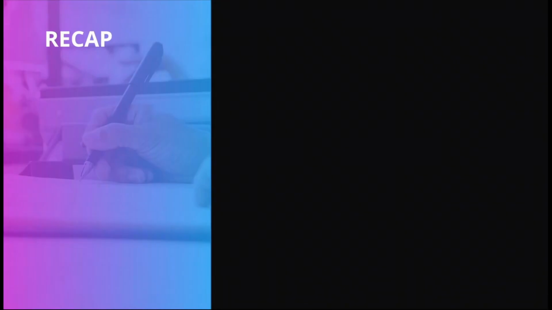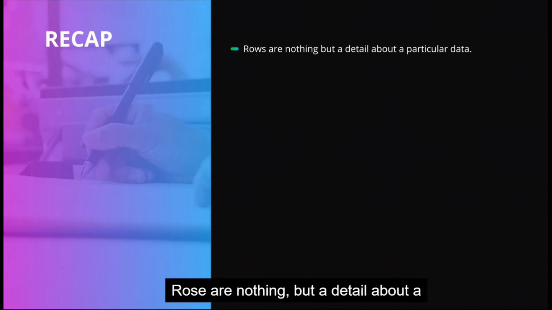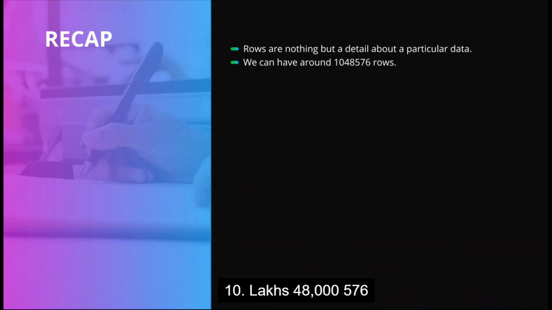So finally, in this video, what we have learned is rows are nothing but details about a particular data. For example, as we have seen in the Excel file, one row is talking about the transaction of that particular customer. We can have around 10 lakhs 48,576 rows, approximately 1 million.